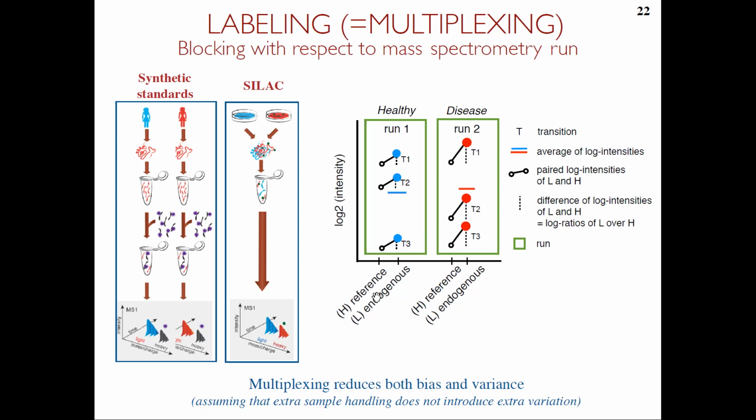You can think again of a run as a restriction on randomization, because within each run you acquire both things simultaneously. And now if we had a lot of run-to-run variation, let's say these are biological replicates in healthy, and this is biological replicates in disease.